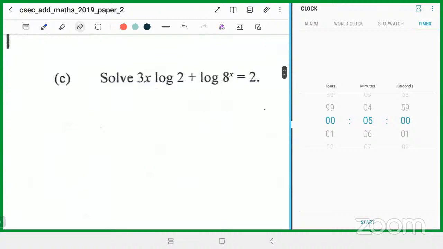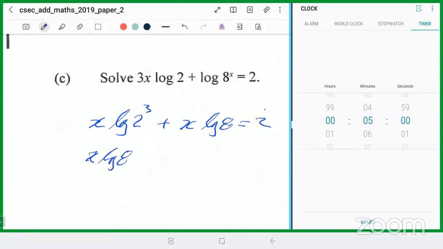I know you can take this 3 and bring it up here as a power. I can take this x and bring it to the front. I'm going to do that because it's convenient. So this one becomes x log of 2 cubed, and this one becomes x log of 8 equals 2. But this 2 cubed is also 8. So we have x log of 8 plus x log of 8 equals 2.